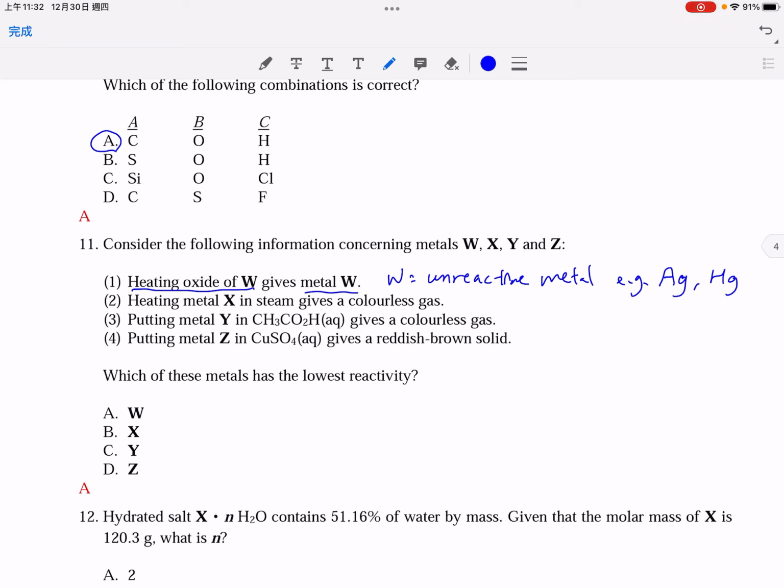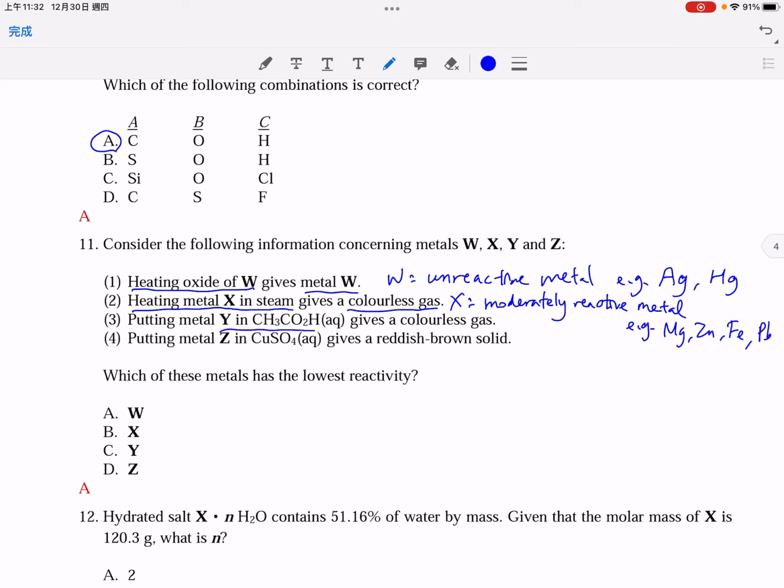Statement 2, heating metal X in steam gives a colorless gas. So it is obvious that X is a moderately reactive metal. For example, magnesium, zinc, iron, and lead.